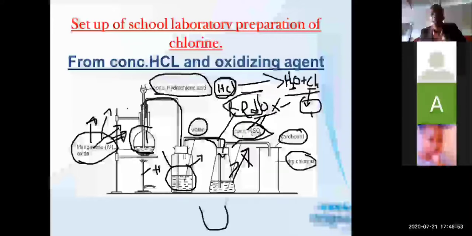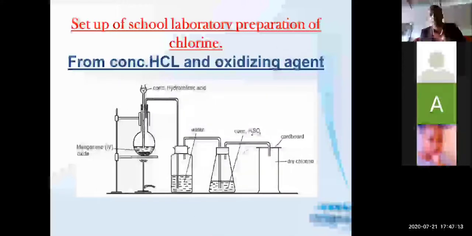When you are using the solid one, like anhydrous calcium chloride, you place it in a U-tube. But liquids, you put in a conical flask, like this sulfuric acid. You should be aware of that. So here we can also use the silica gel that you will be able to see.